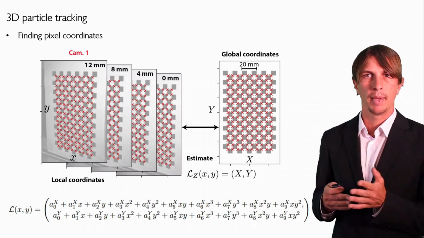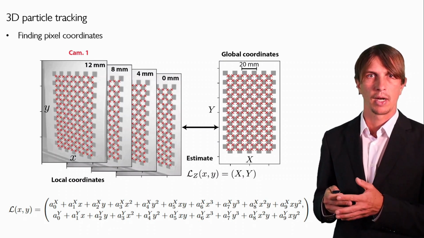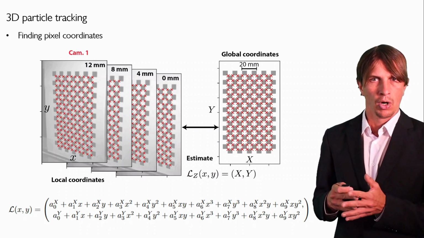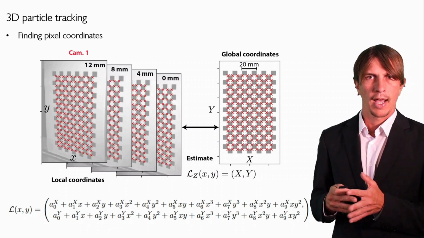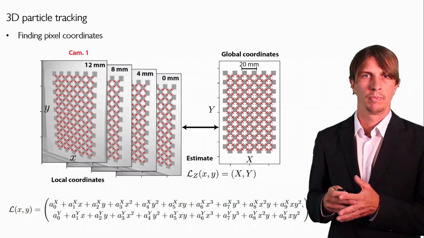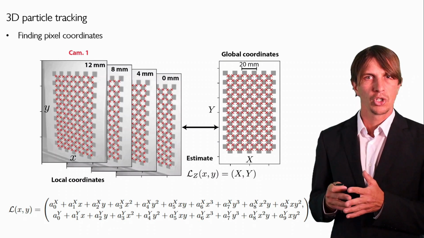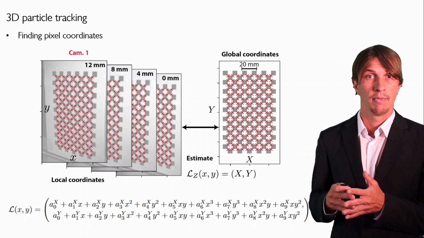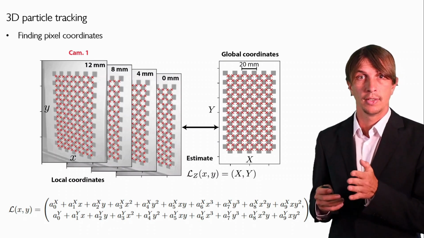And there are many A's that need to be found out. This is applied on both cameras. Additionally, this is applied for each recorded image. So there are certain functions that are deduced per camera, and they have been deduced at each Z position.